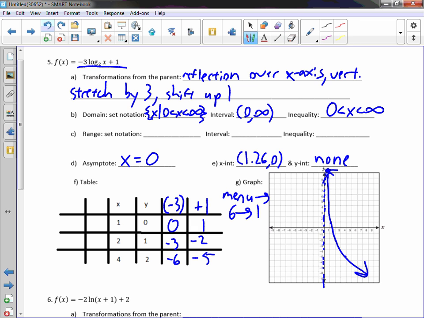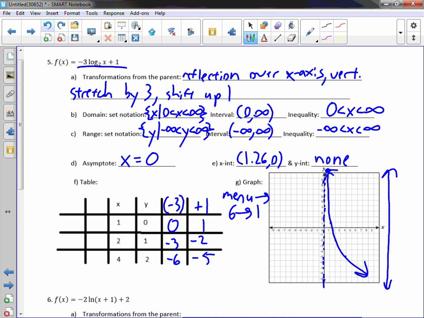Now for range, we read range again from downside to upside. This is going all the way down to negative infinity, and then goes up to positive infinity. So negative infinity to positive infinity.